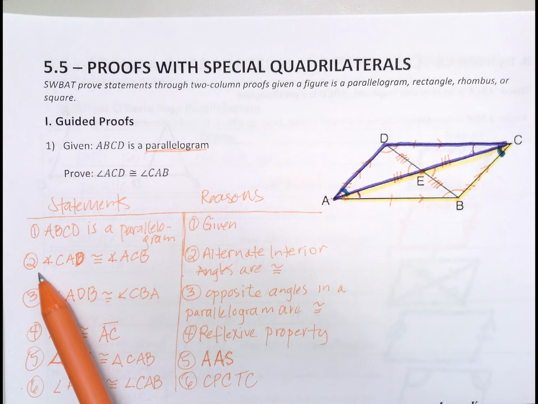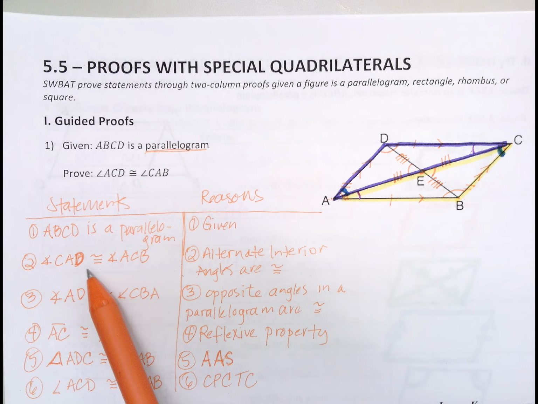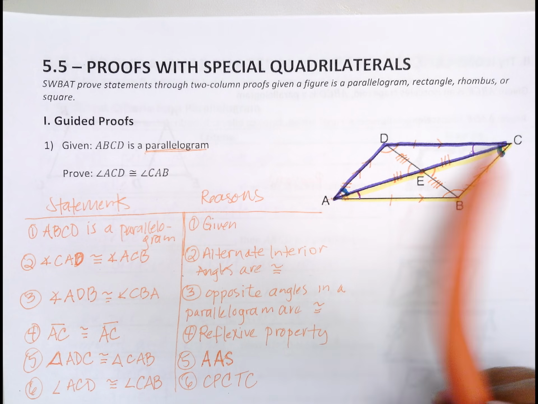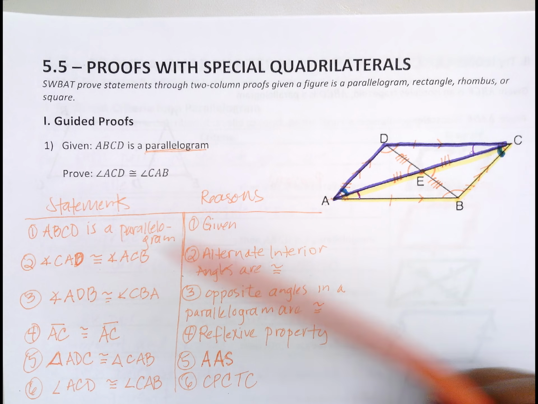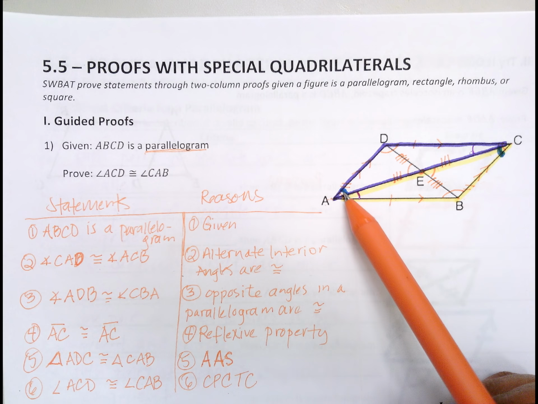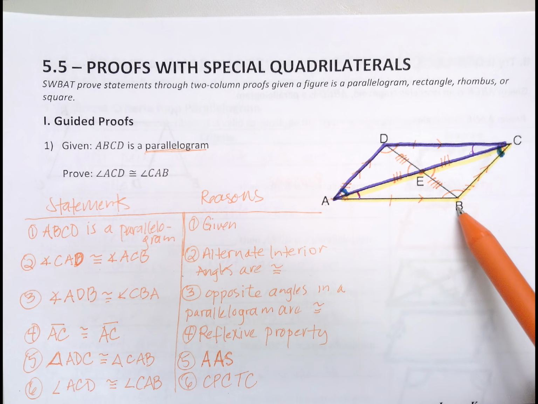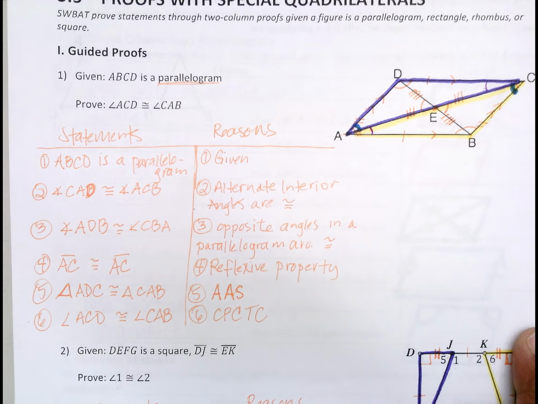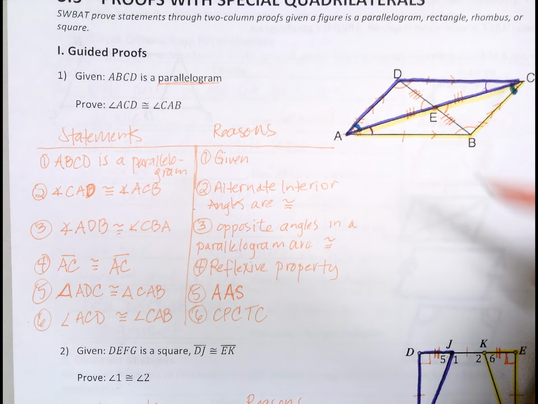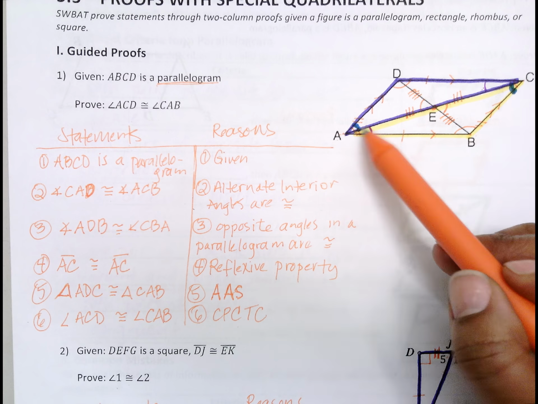So the second statement that I made is that CAD, this angle here, is congruent to ACB, all right? So the reason for that is alternate interior angles are congruent, okay? So these two angles are congruent to each other.